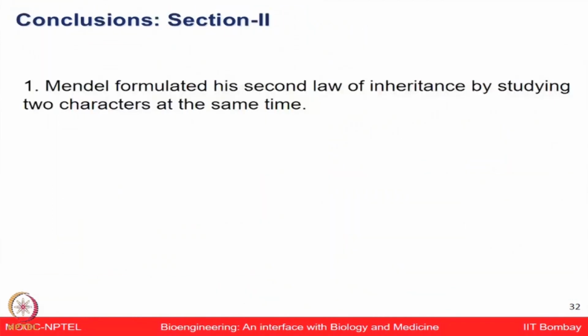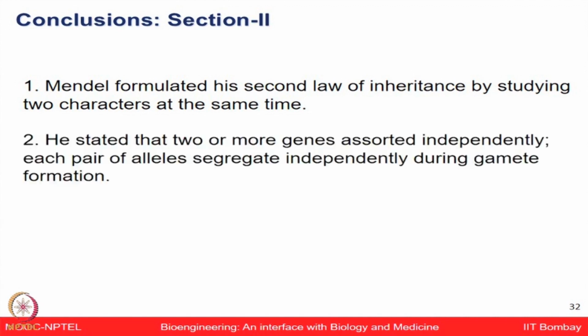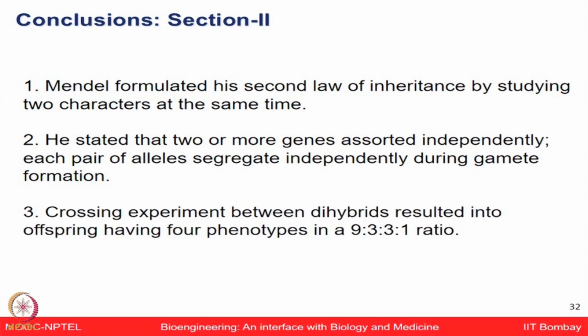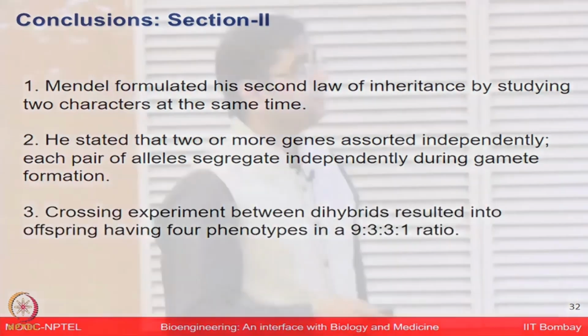From this section we can conclude that the second law of inheritance of Mendel was based on studying two characteristics at a time, and he stated that two or more genes can be assorted independently, and each pair of these alleles segregates independently during gamete formation. After crossing the experiment, he observed the ratio, which is 9:3:3:1.